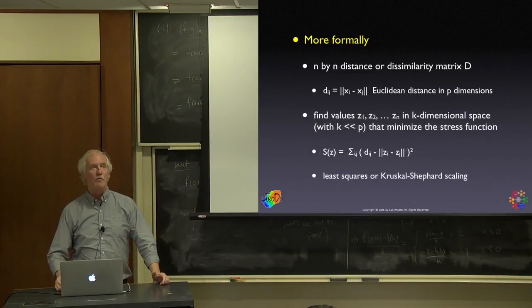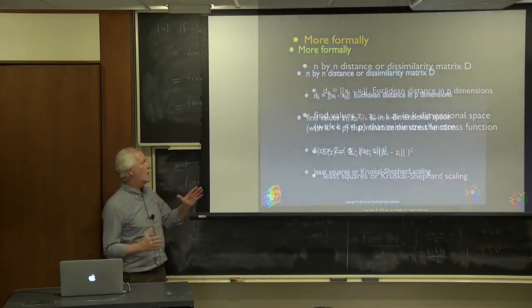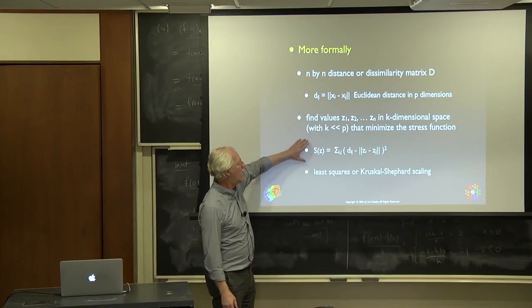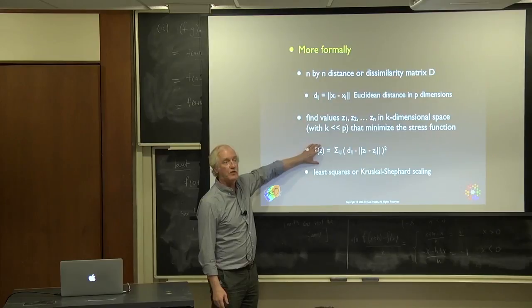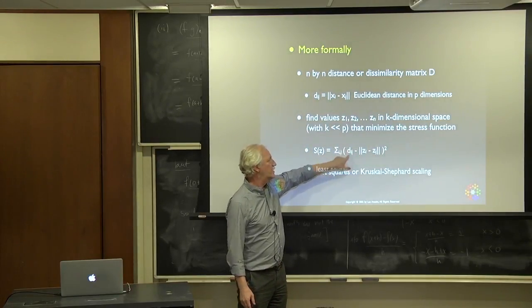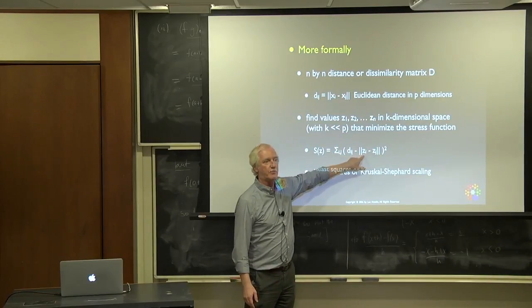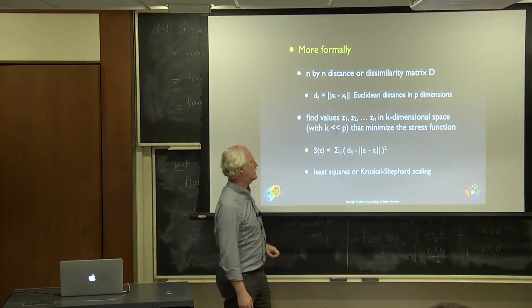The formal way to deal with this is that we have our p-dimensional distance, and then we have a stress function, an objective function that tries to minimize the difference between this original distance and the distance in lower dimensional space. So we try to solve for the coordinates in low dimensional space such that this is minimized.